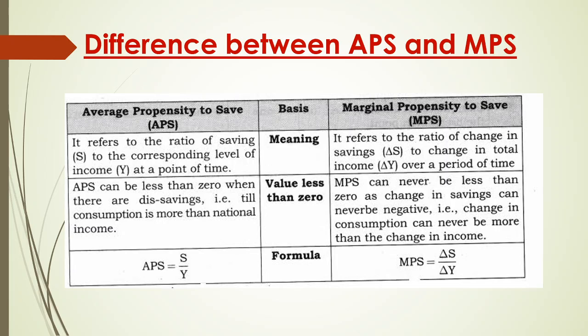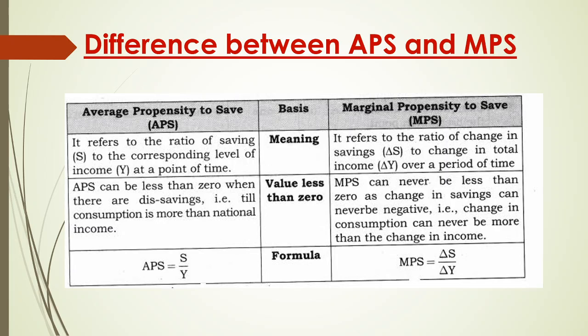On the basis of meaning, average propensity to save is the ratio of saving to the corresponding level of income at a point of time. Marginal propensity to save is the ratio of change in saving, that is del S, to change in total income, that is del Y, over a period of time.